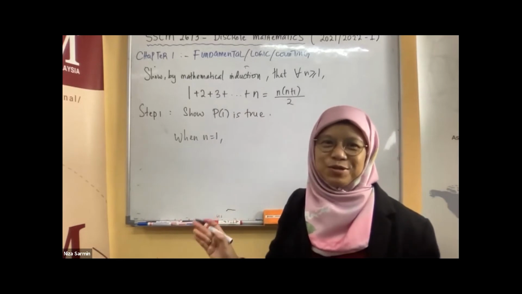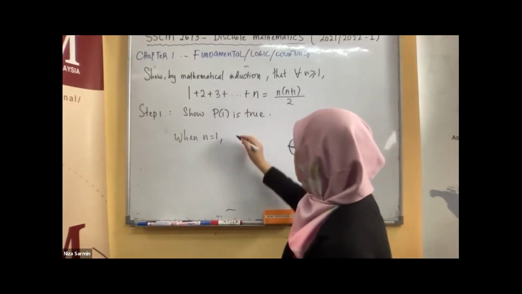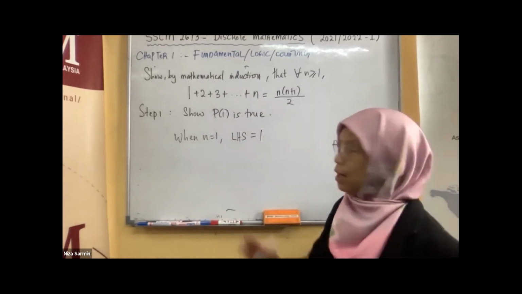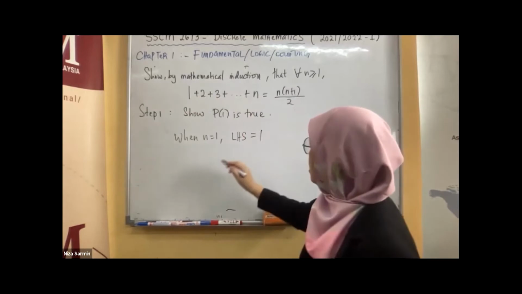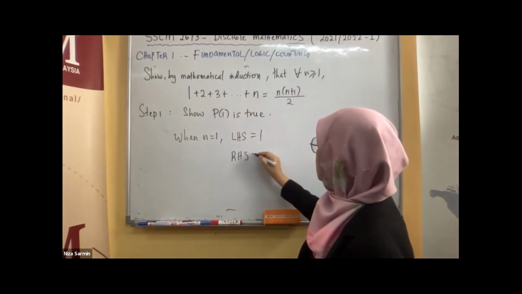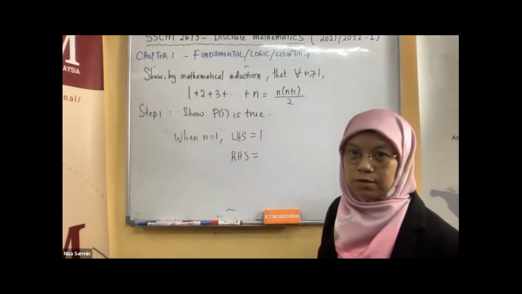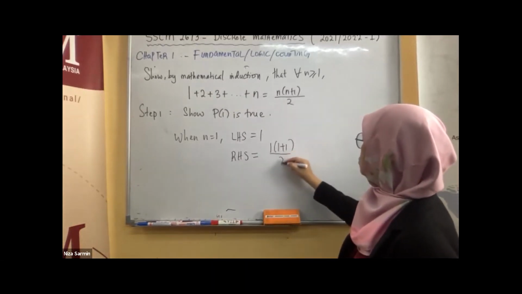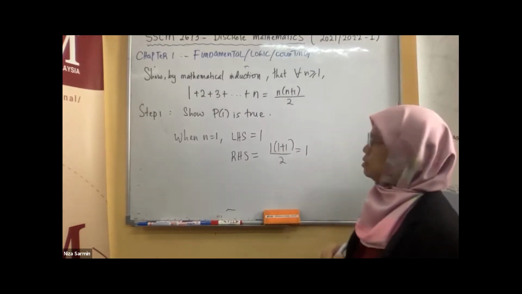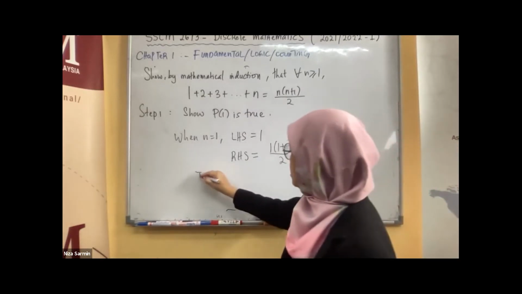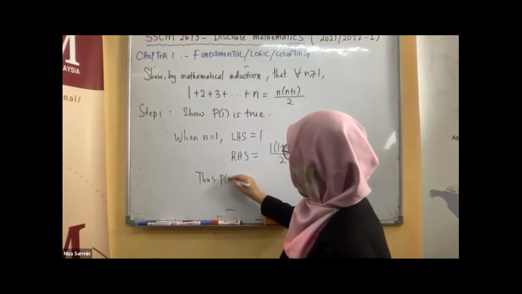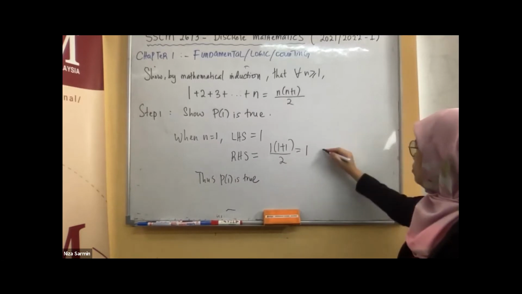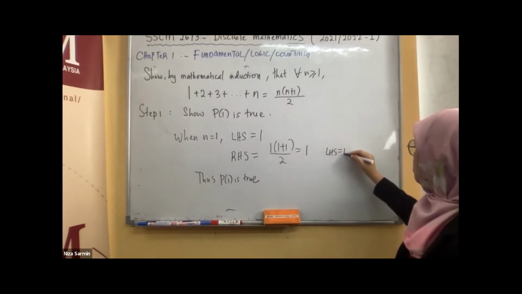There is no 2, there is no 3, it's just 1. The left-hand side equals 1. Right-hand side, replace: 1 times (1 plus 1) over 2, the 2 is cancelled, which is 1. Thus, P1 is true. Or you can put equal.